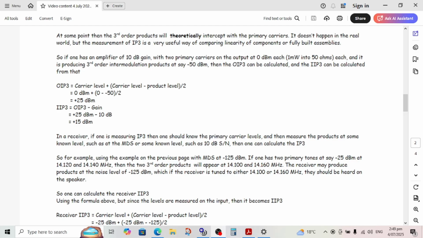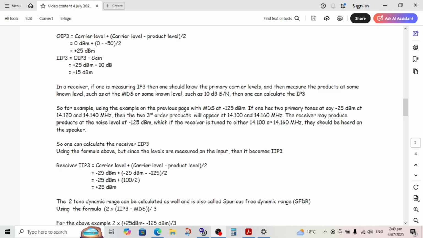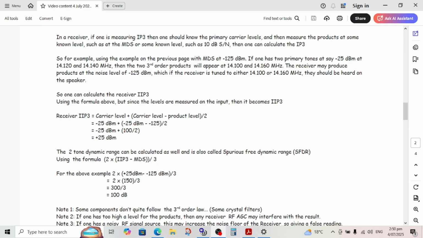Using the formula below, then this can be calculated to be plus 25 dBm in this case. The two-tone dynamic range can also be calculated, and using this formula below, then in this example the dynamic range can be calculated to be 100 dB.